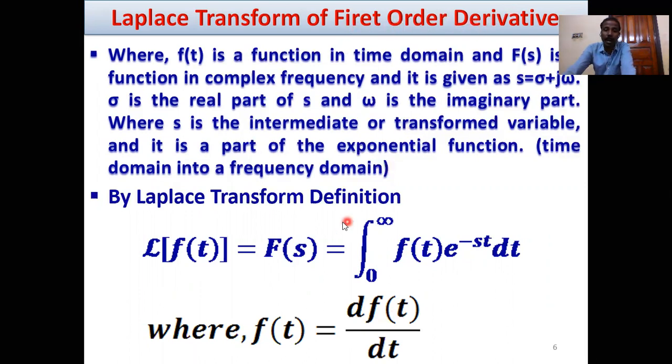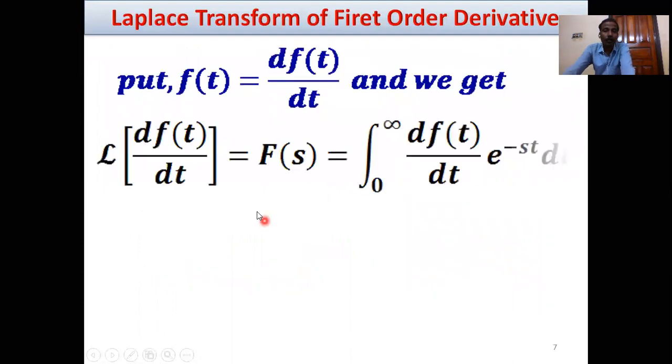So put df(t)/dt in place of f(t) in the definition, and we get the integral from 0 to infinity of df(t)/dt e to the power minus st dt.